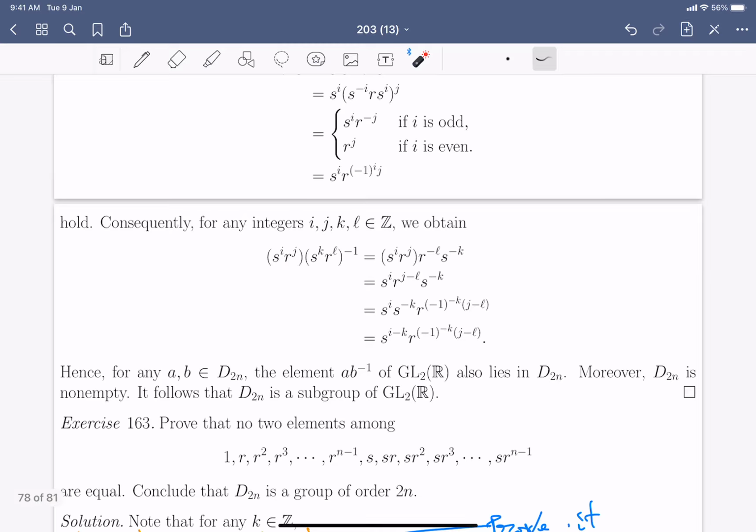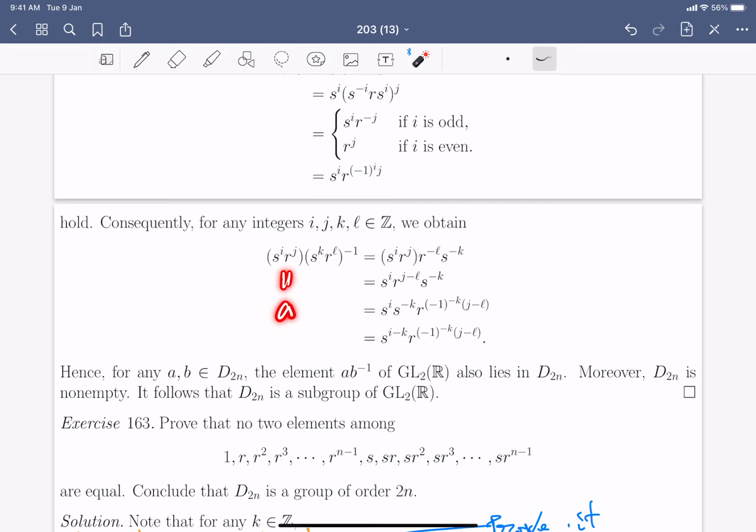An element A of D2N is of this shape: it is equal to either a power of R, or S times a power of R. So it is S power I times R power J, where I is either 0 or 1 and J is an integer. One can say that J is between 0 and N minus 1, or 1 up to N, and so on. Okay.